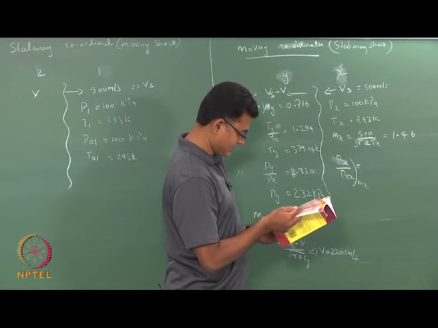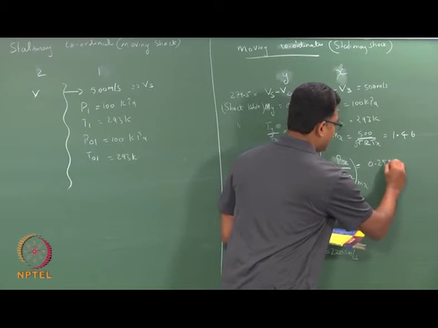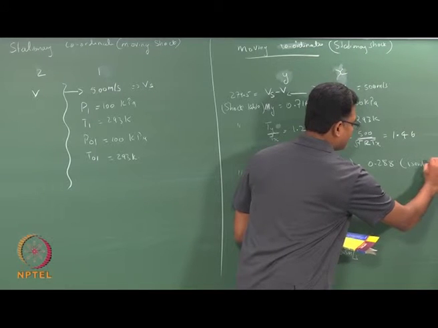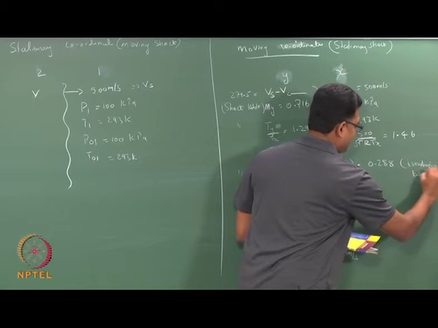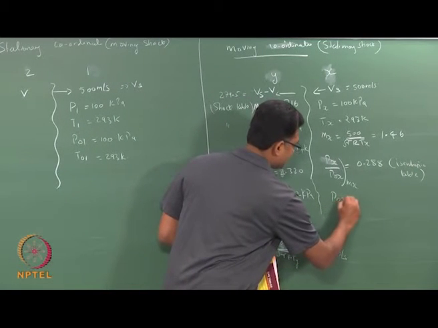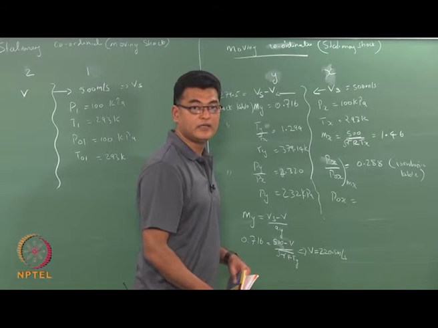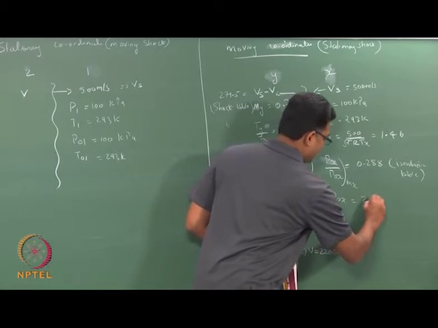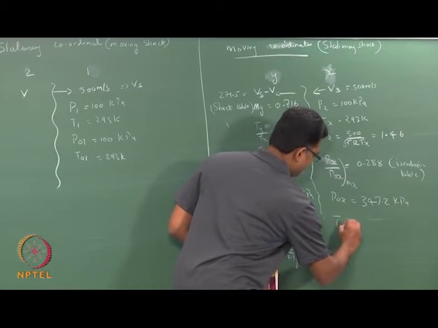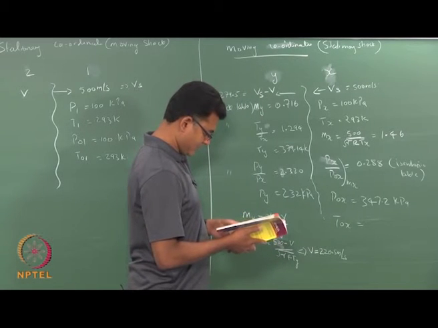This ratio is 0.288 from isentropic tables. So my P0x is 347.2 kilopascal.